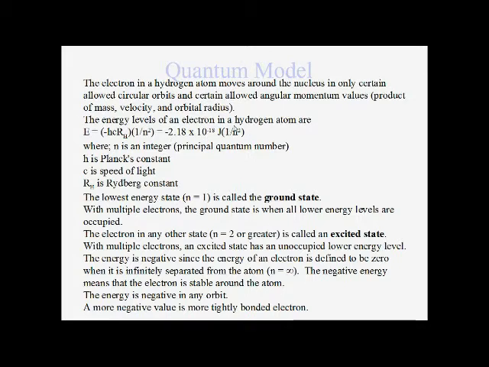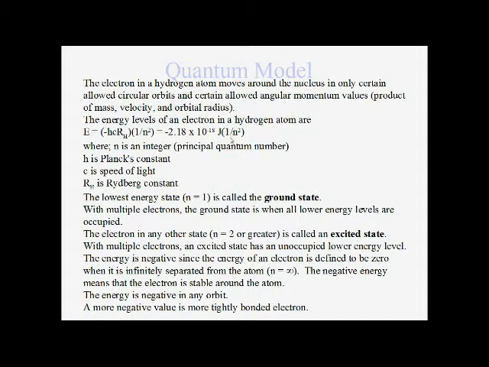If we put in infinity for n, that is when we have ionized the atom, taking the electron completely away. 1 over infinity goes to 0, so the energy of a completely separate electron from the hydrogen atom will be 0. It becomes more negative as it drops down to the lower levels.